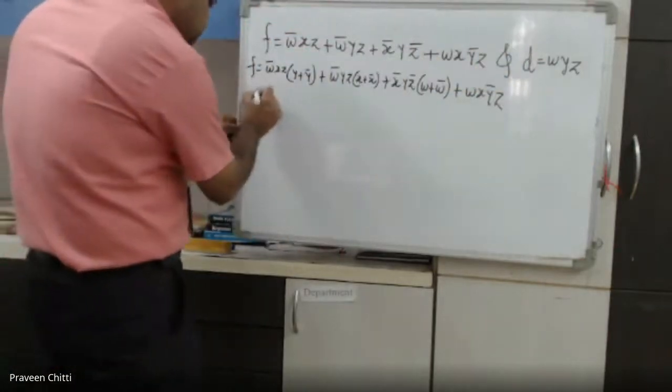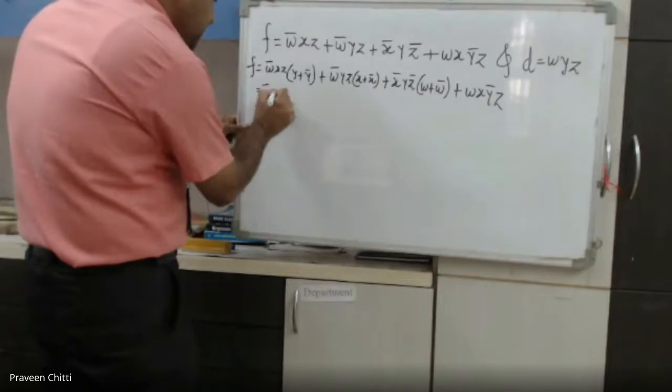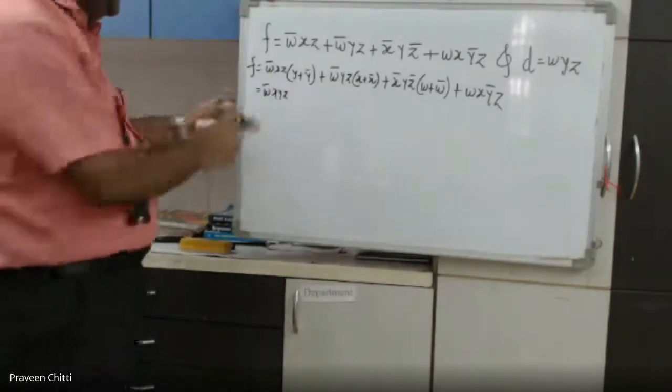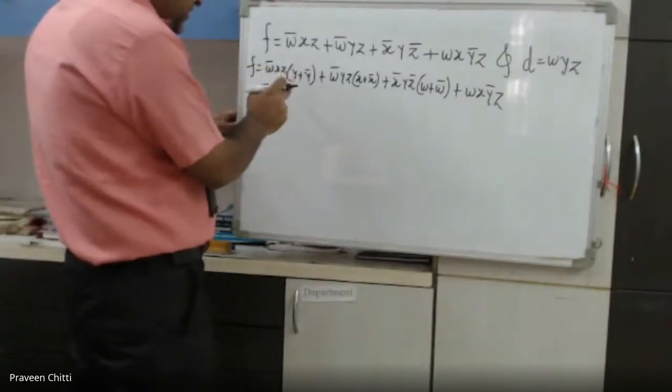I will simplify this. Then I will write W bar X Y Z, in the order W X Y Z only. W bar X Z Y bar is there actually.